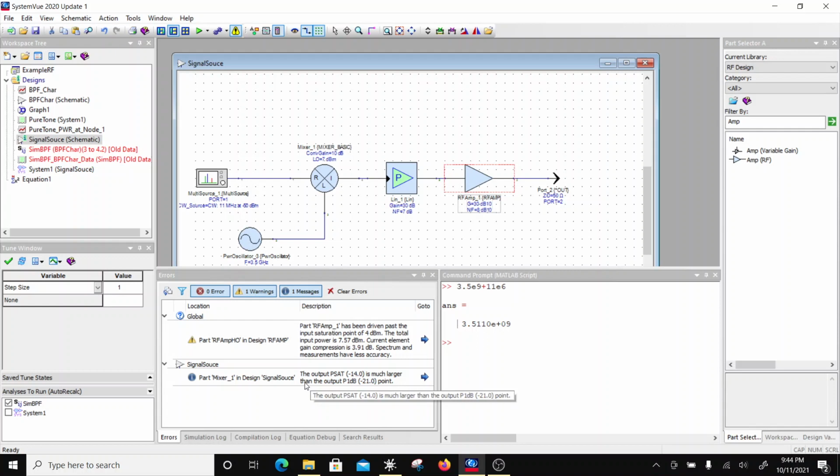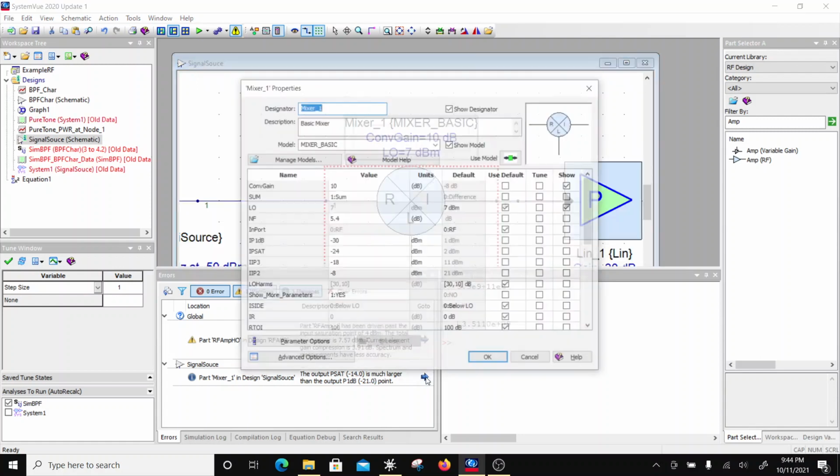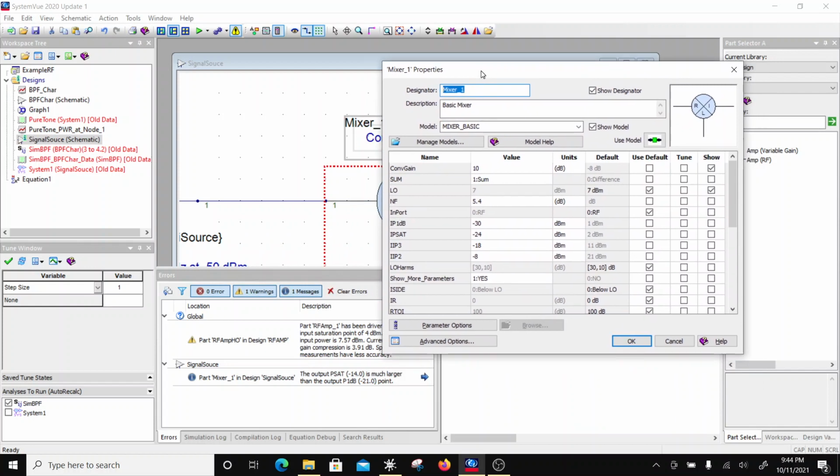Psat, the output Psat is much larger than the output P1 dB. Signal source, mixer 1. So Psat minus 30 minus 24 is much larger than the output P1 dB of minus 21.